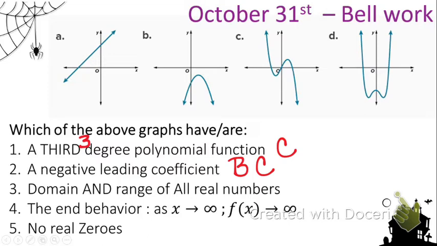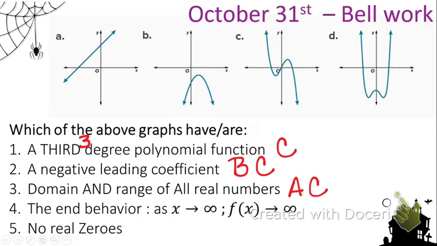If it's an odd degree, the arrows go opposite directions, then the domain and range will be all real numbers. So there are 2 functions up here that have arrows going opposite ways. Which 2 functions would you select for number 3? C, and then there's another one. A. A and C. They're both odd.